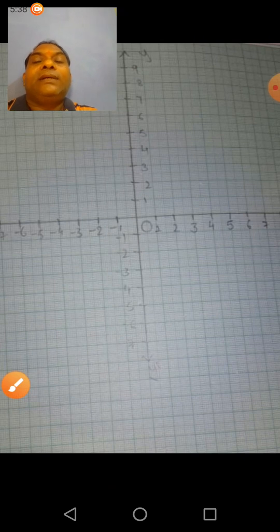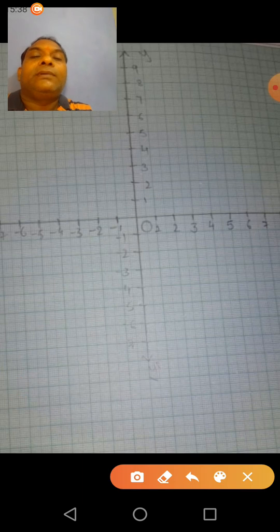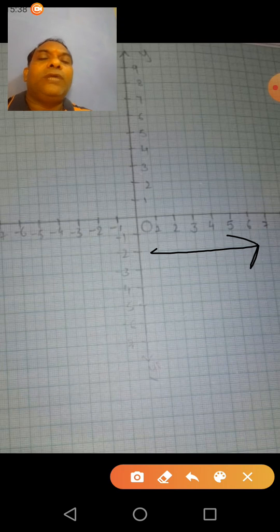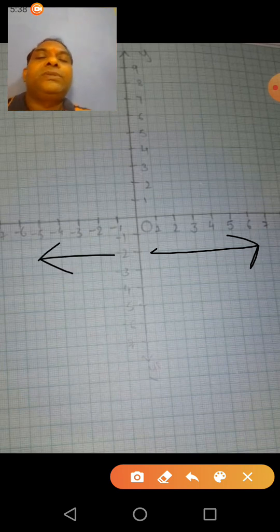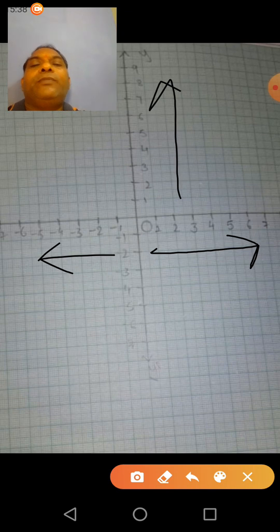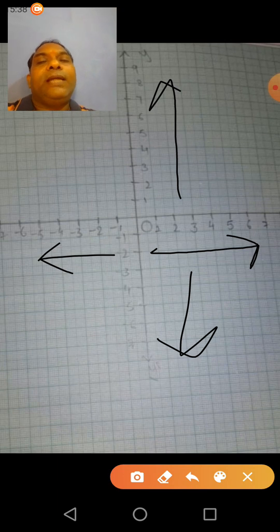And moving right side from the origin, all entries will be positive, and left side from the origin, all entries will be negative. Upward from the origin it will be positive, and downward from the origin it will be negative. Clear? So you can identify the point in which quadrant the given point lies.